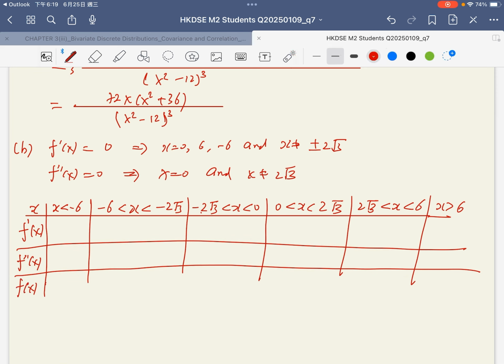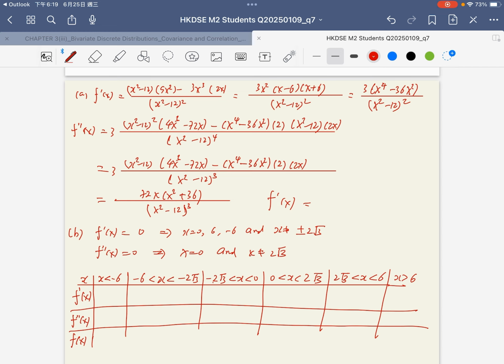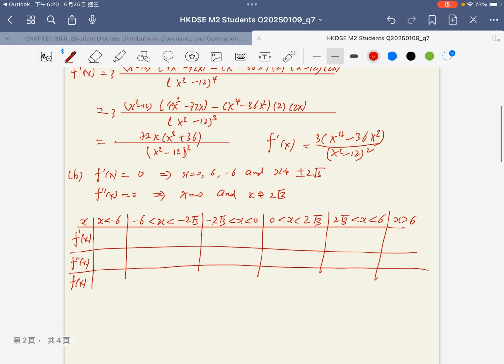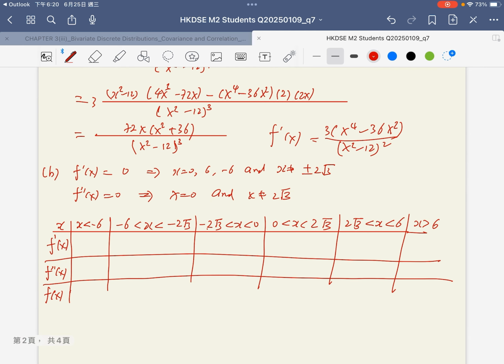I put in values to test. I mark the first derivative here: f'(x) equals 3 times x to the power 4 minus 36 x squared over (x squared minus 12) squared. When x is less than negative 6, of course, I can use my calculator. It is positive, and then negative, negative, negative, negative, and then positive.